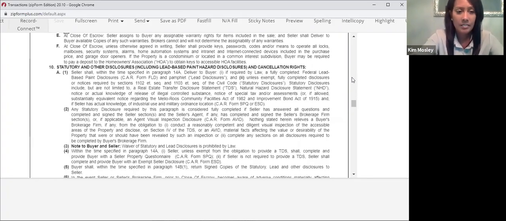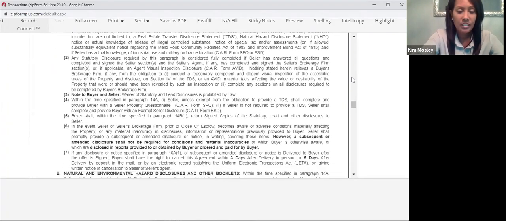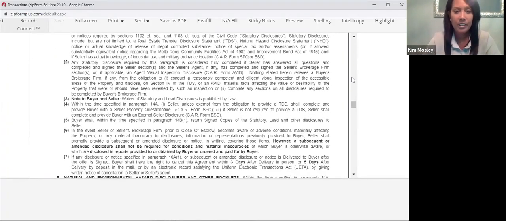And then on number 4, within the time specified in paragraph 14A, seller, unless exempt from the obligation to provide a TDS, shall complete and provide buyer with the seller property questionnaire. And you know that form, right? That form is a lot of information. It's about, I think, 4 pages, possibly 5.